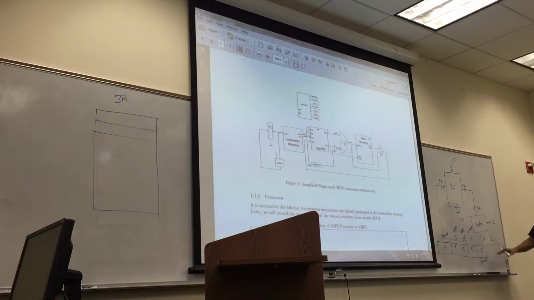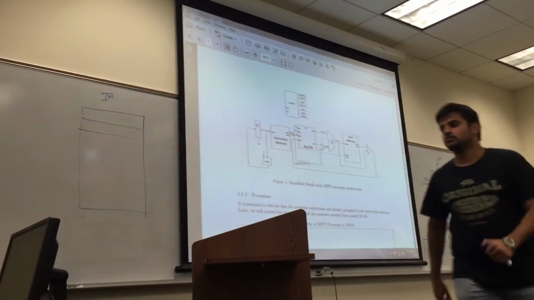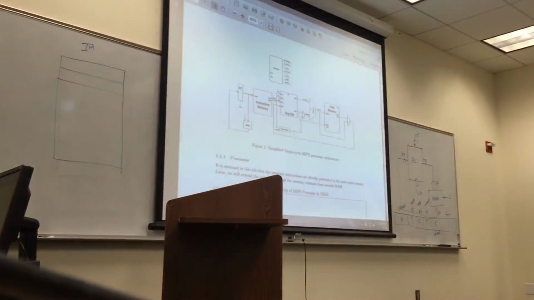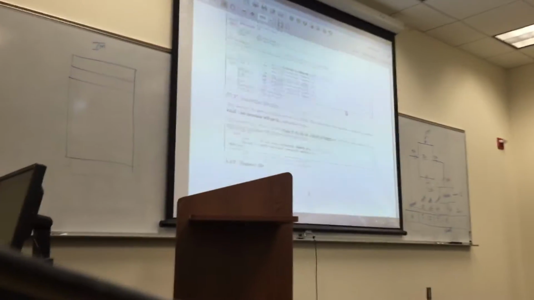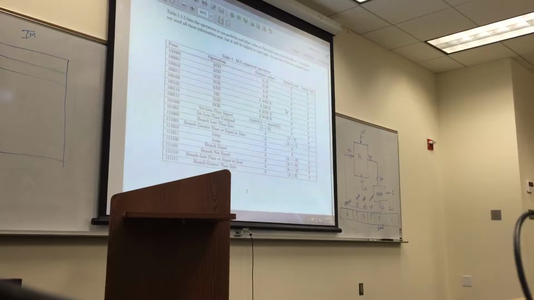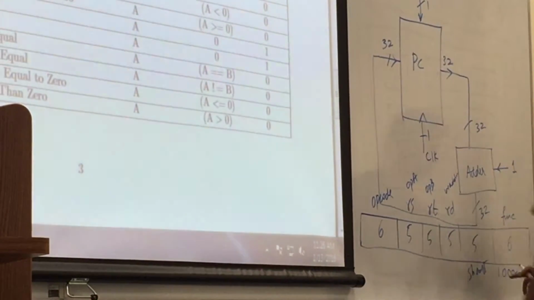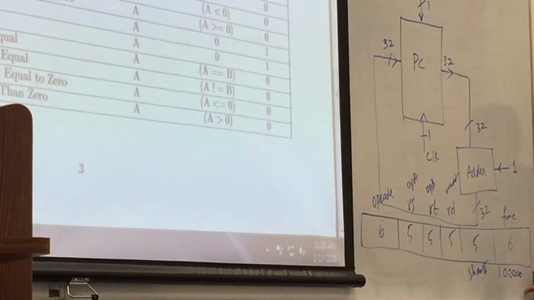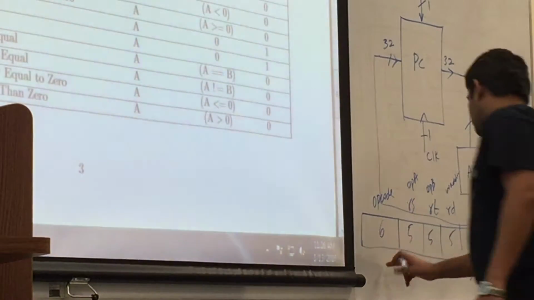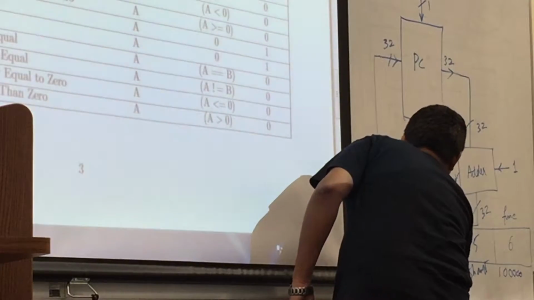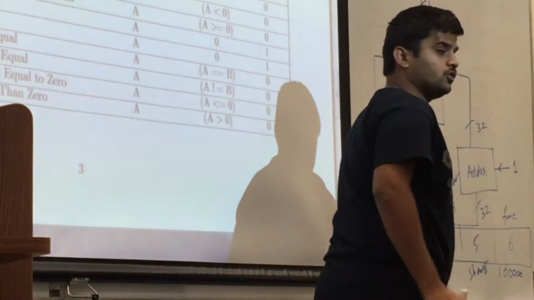Based on what operation you have to do, say if you want to do an add operation, then your function value will be 1 followed by 5 zeros. And this is an R type instruction, so your opcode has to be 6 zeros.